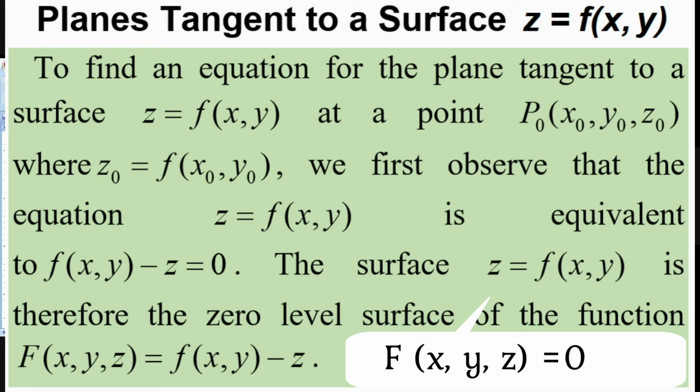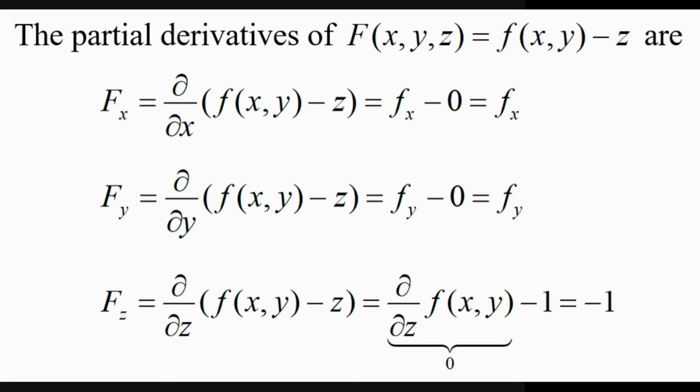Zero level surface means we are considering the triples x, y, z for which F of x, y, z is equal to 0. So hereinafter we consider capital F. Now what about the partial derivatives of F? F suffix x, F suffix y and F suffix z. We can see that it is f suffix x, f suffix y and negative 1.